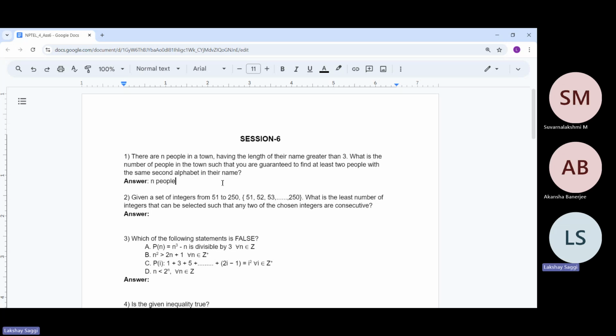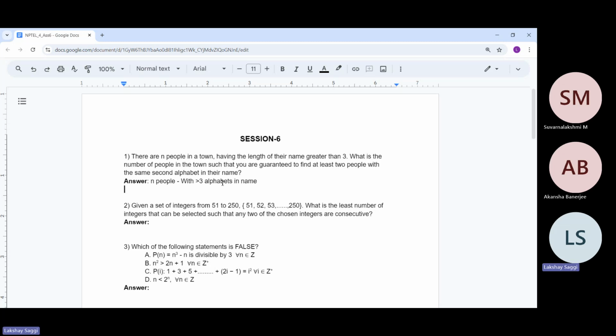Just to write down what is given to us: n people with more than 3 alphabets in their name. And what we need to find is the number of people such that at least 2 people have the same second alphabet.